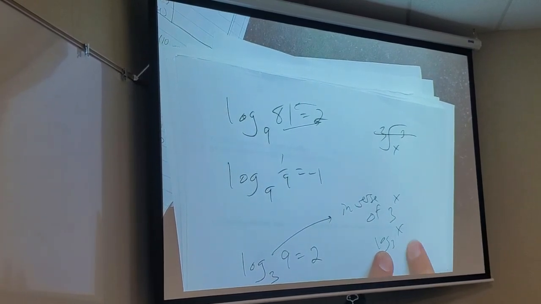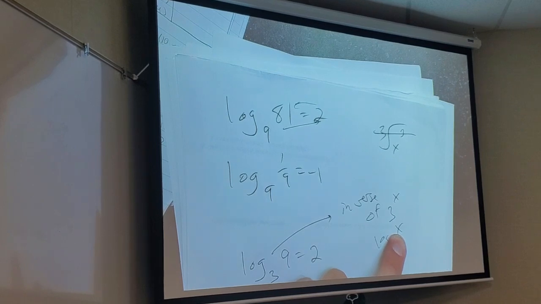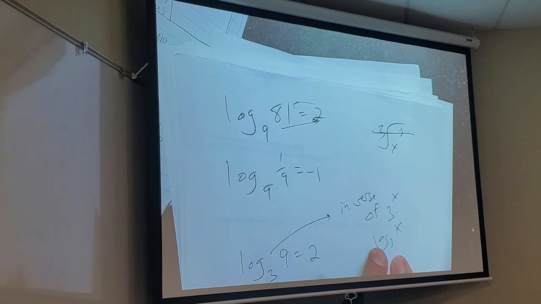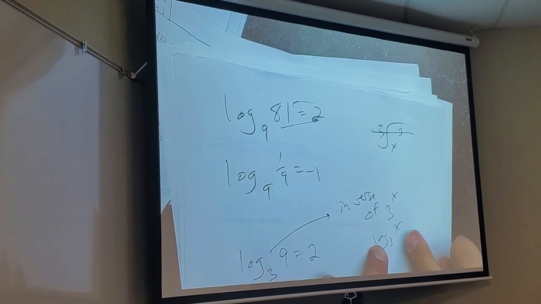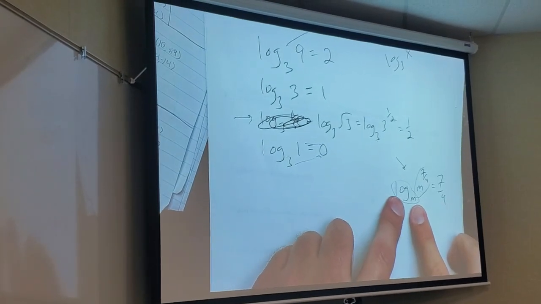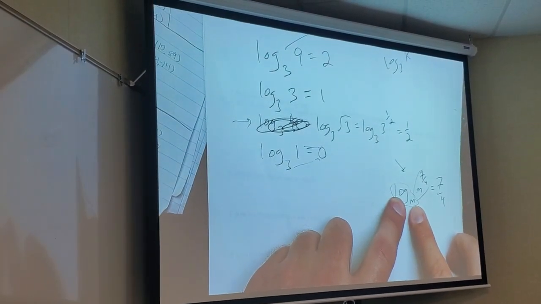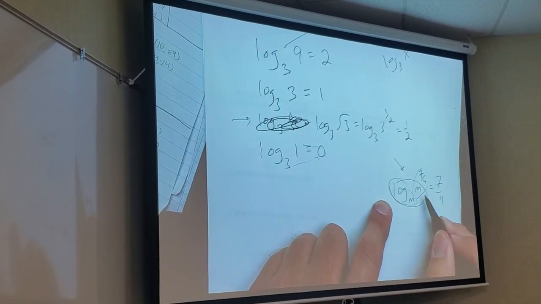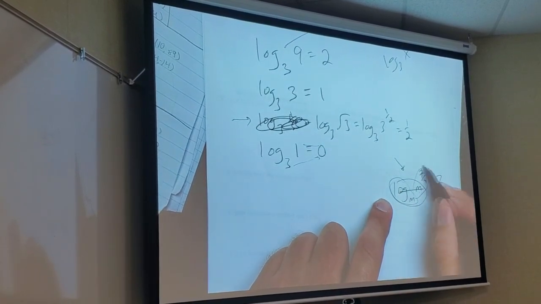Log base 4 of x and 4 to the x are inverses. Log base 11 of x is the inverse of 11 to the x. Log base m of x is the inverse of m to the x. So these two are inverses, correct? Yes. What do they do to each other? Cancel. So the answer is 7/4. Okay.